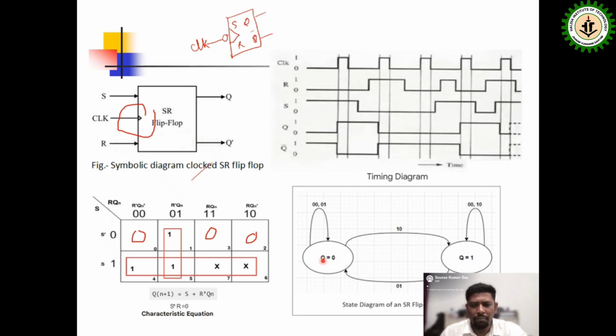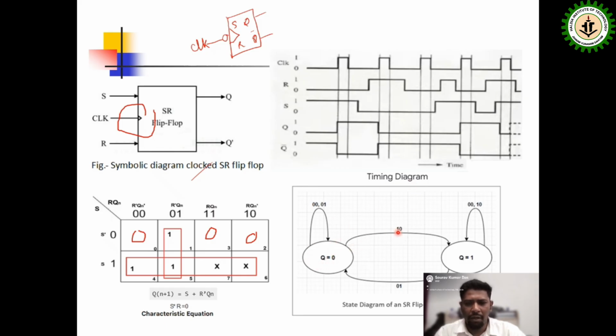When Q is the reset state, or Q value is 0, S and R values will be 0 0 and also 0 1. So when S and R values are 0 0 and 0 1, it holds the reset state.